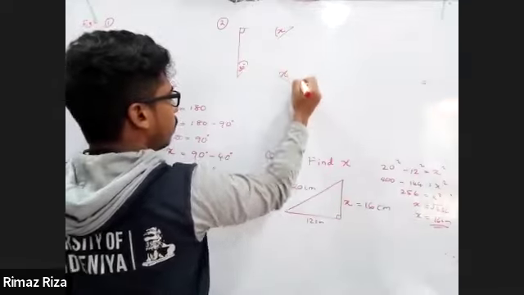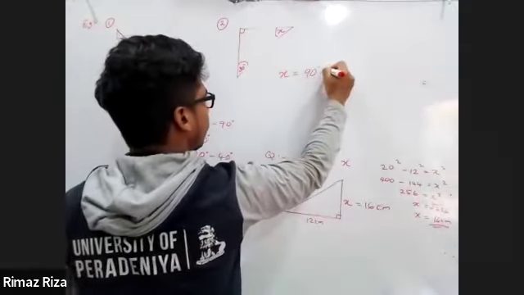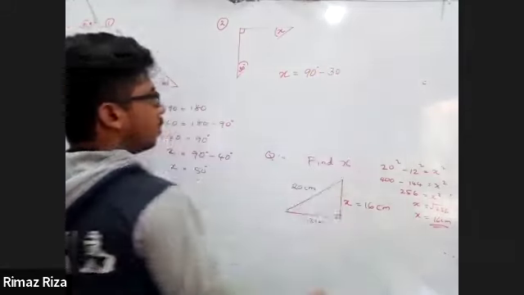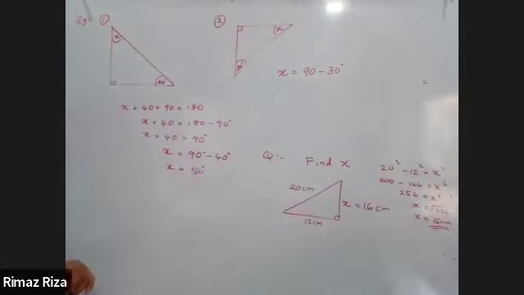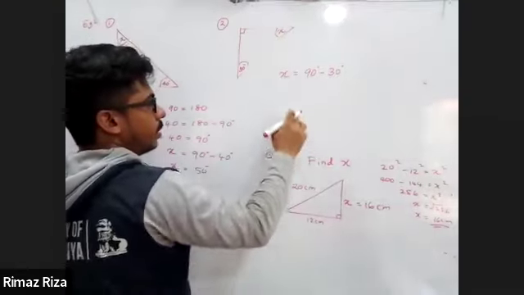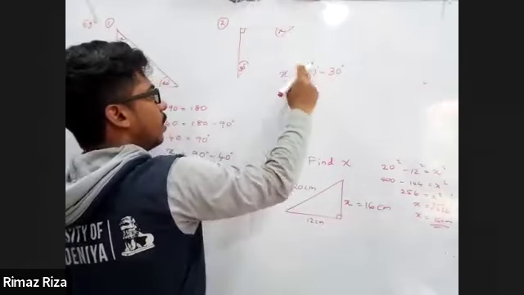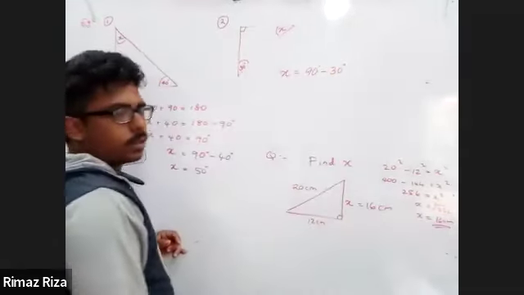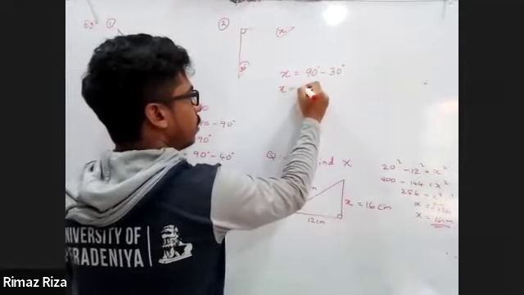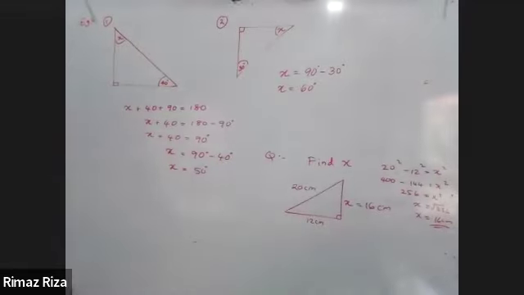So here x should be equal to 90 minus 30. Can you all understand? Because the sum of these two should be 90. X plus 30 should equal 90. Therefore, x means 90 minus 30. So therefore x equals 60. Clear? Okay, so quickly write these two examples.